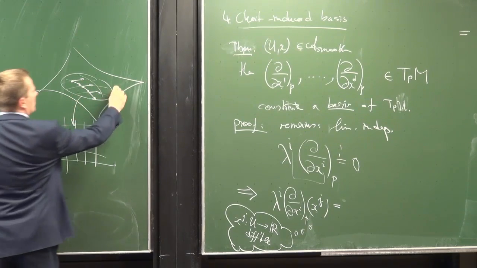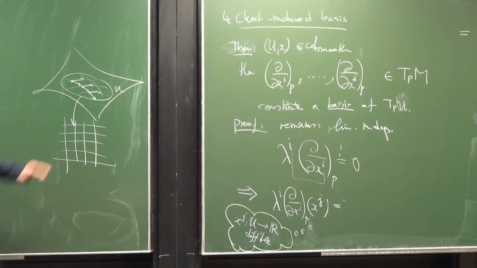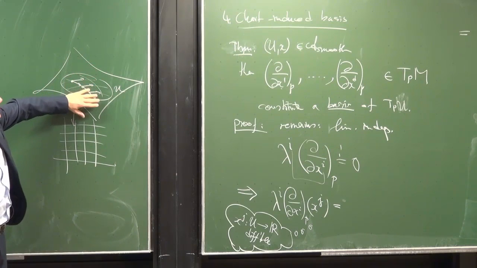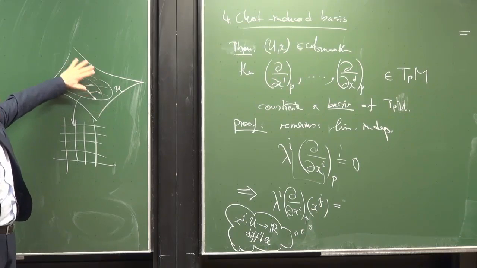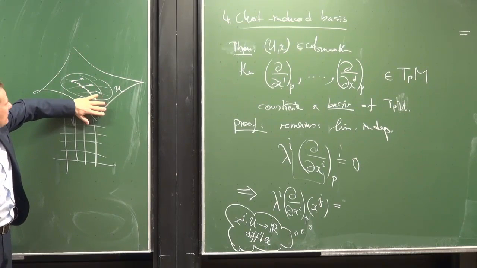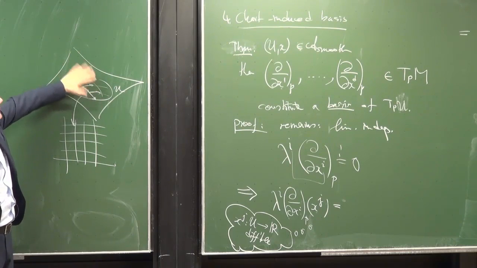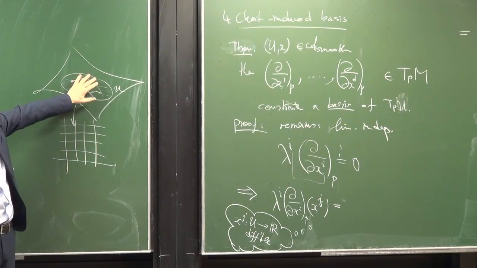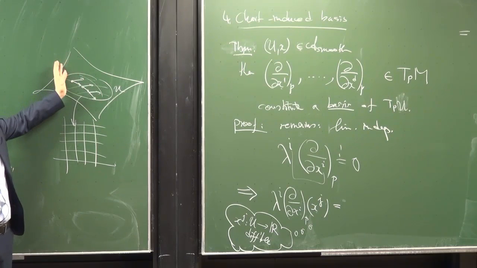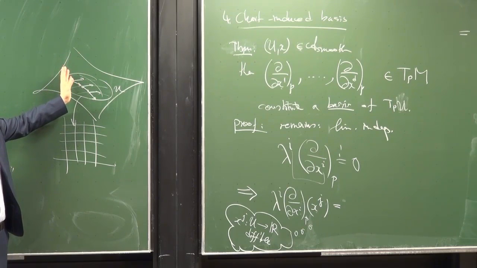But this only works in the domain U, and generally, we'll come to that next lecture, you cannot for every manifold find a global chart in the first place, but even if you can cover it by global charts, you might not be able to find a global coordinate-induced basis field.